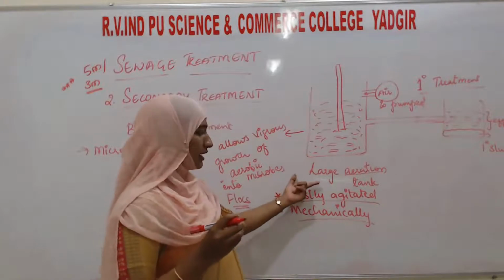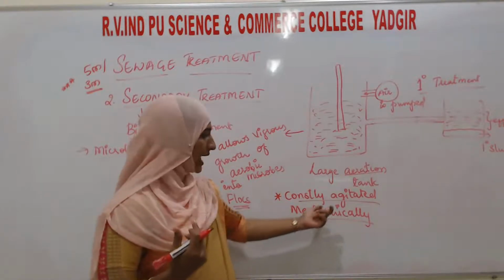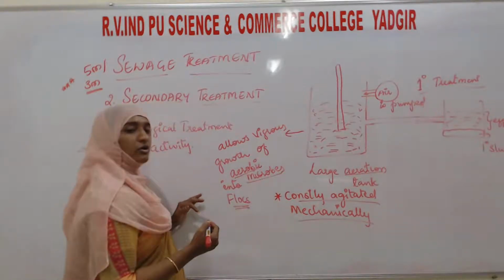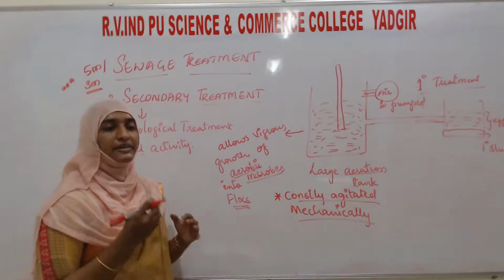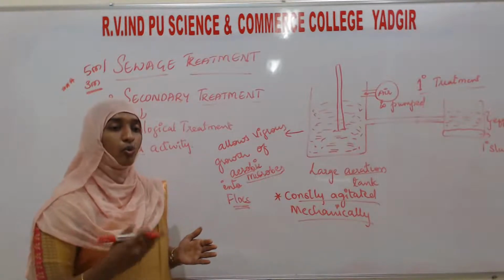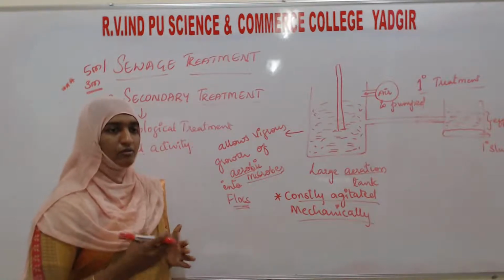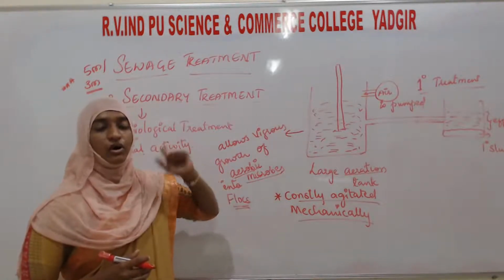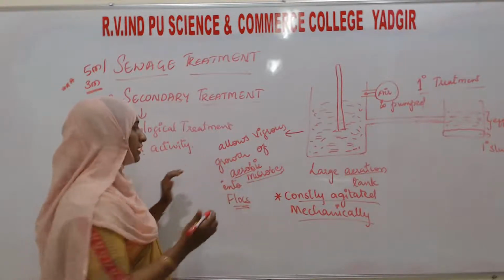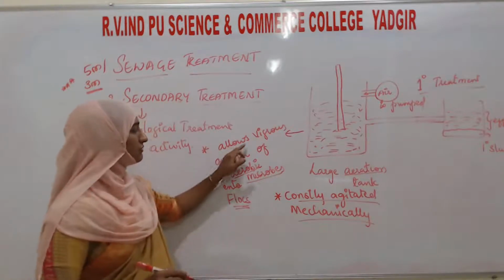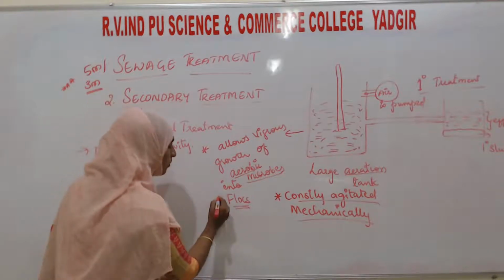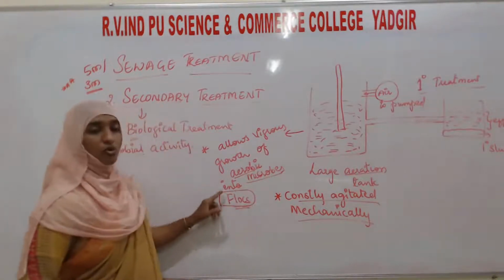Due to the presence of air as well as continuous agitation, aerobic microbes, the microorganisms, either fungi or bacteria, grow very rapidly because they are getting a proper amount of oxygen. That's why I mentioned that it allows the vigorous growth of aerobic microbes into flocs.